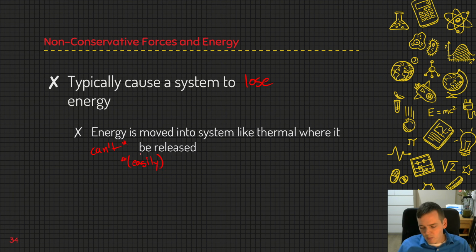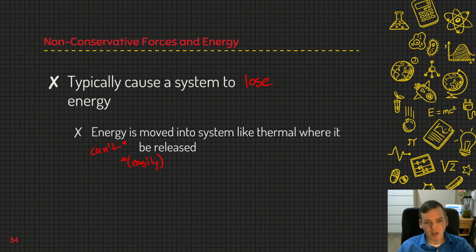If I rub my hands together a lot and generate a lot of friction, I can't release that energy to have my hands start moving again. Or if I shove a box and it gets slowed down by friction, there's no way for that to return back to kinetic energy.